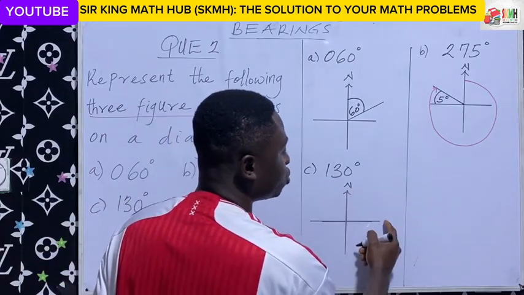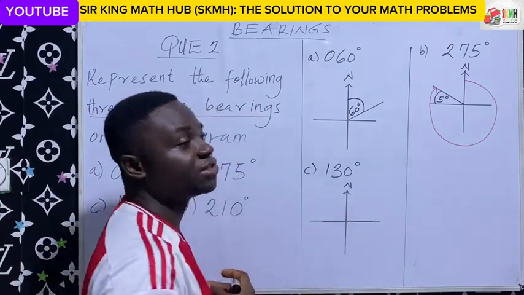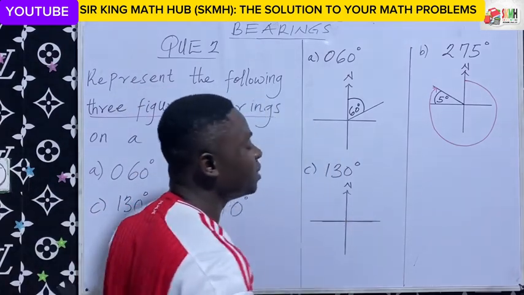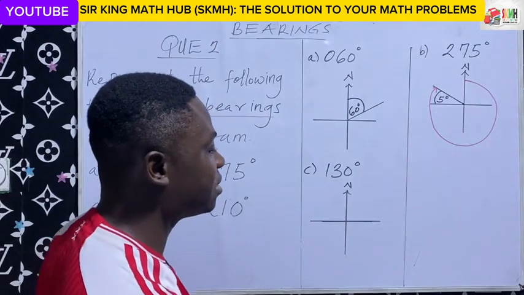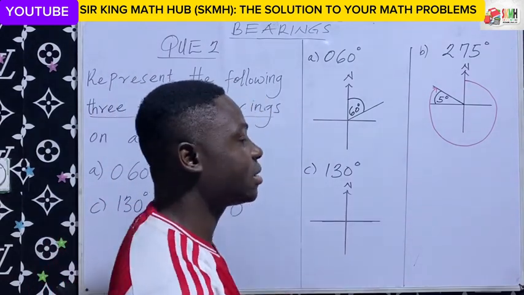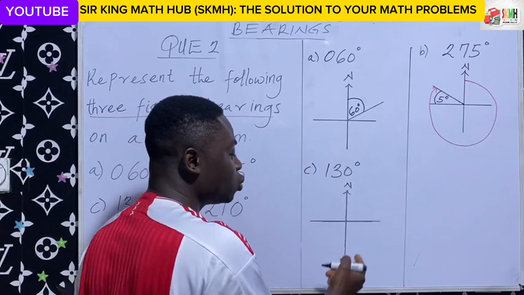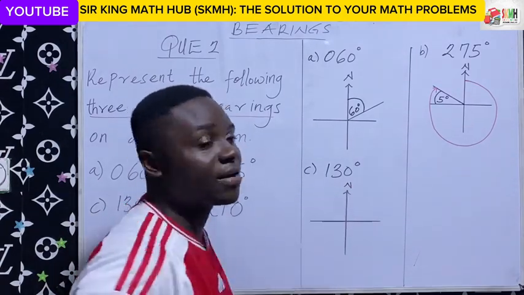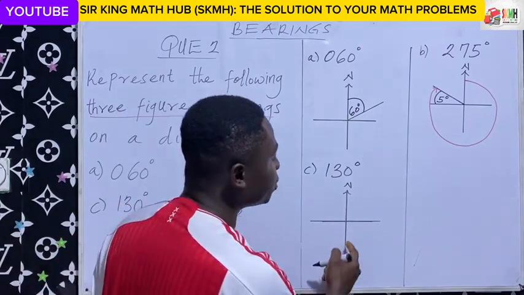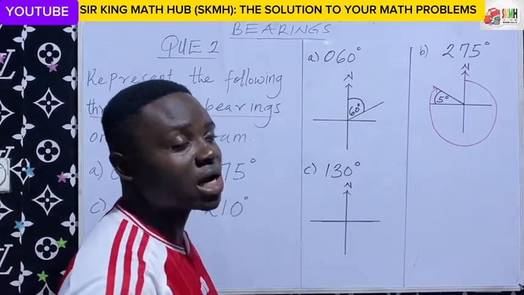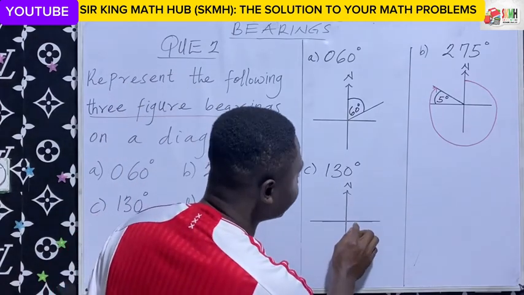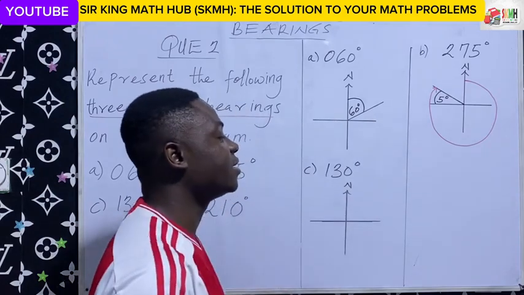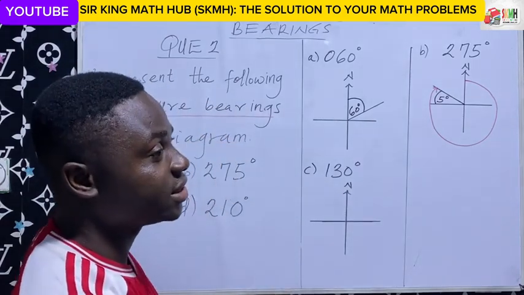So from north to east, that should give us 90 degrees. So 90 degrees plus what angle should give me 130 degrees? So here we have to do some little calculation. We know that from north to south, that will be 180 degrees. But we are looking for 130 degrees. So it means that 130 degrees will be located in this quadrant. So how do we do that? So from 90 degrees plus what angle should give us 130 degrees?